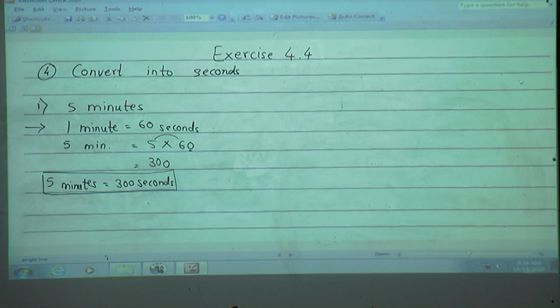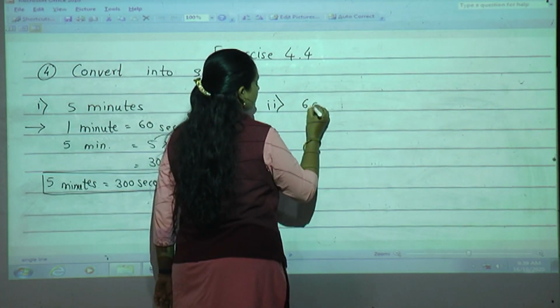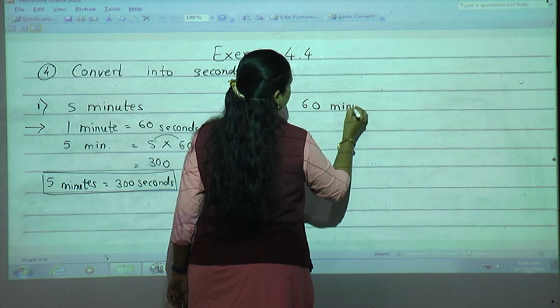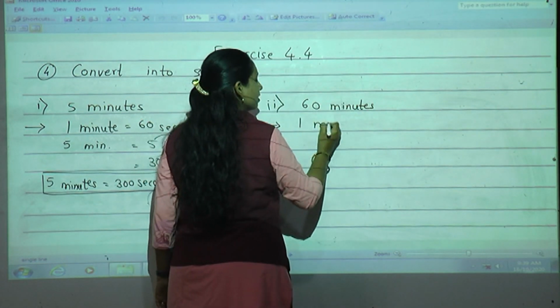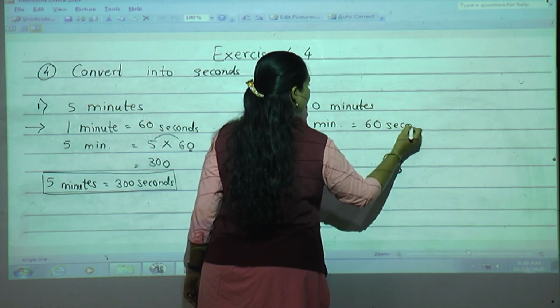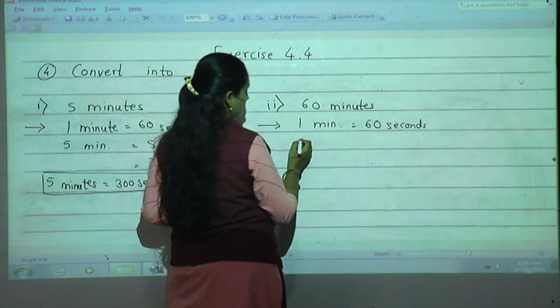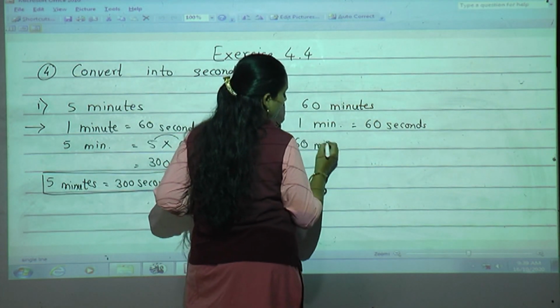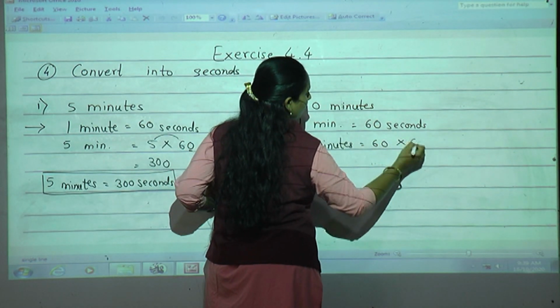Now next example. I'll solve second one only. 60 minutes. See? Now you know that 1 minute is equals to 60 seconds. So in the same way, 60 minutes is equals to what we have to do? Multiplied by 60. 60 multiplied by 60.